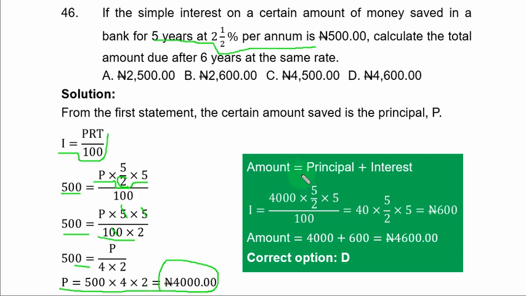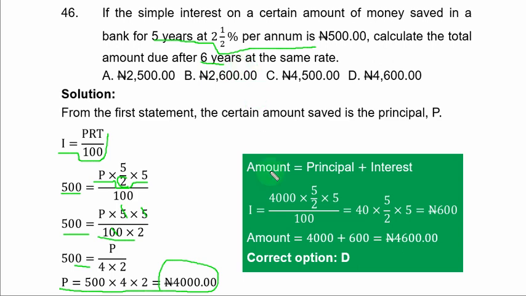Now, amount is principal plus interest, but that is total amount when the interest after 6 years again at the same rate is known. So from the second part, using the first principal, you get the interest.